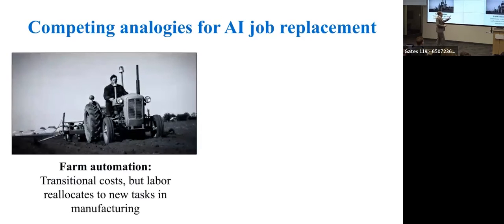Well, there's a version of this which says automation is going to look like what we've seen in automation before, right? We had a huge percentage of the labor force working in agriculture. We figured out how to automate a huge portion of that work. Now, very few people work in agriculture. And there were some transition costs, but ultimately, people sort of reallocated, and it was all right as a society.